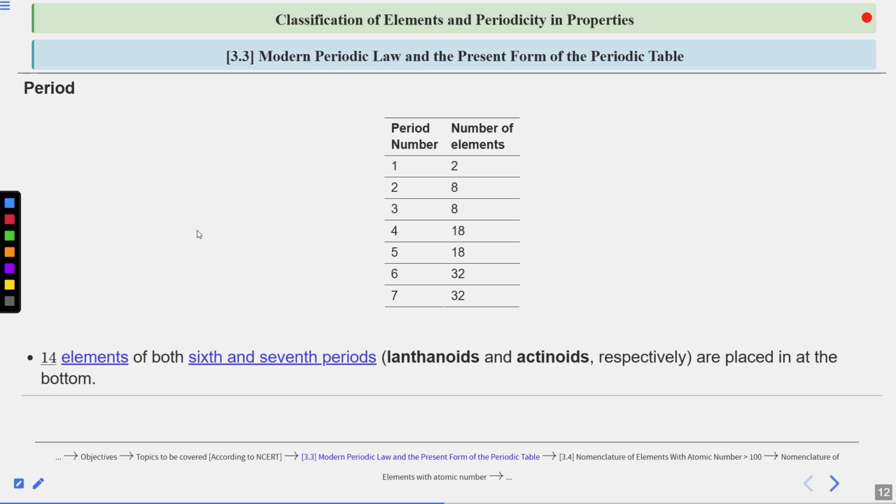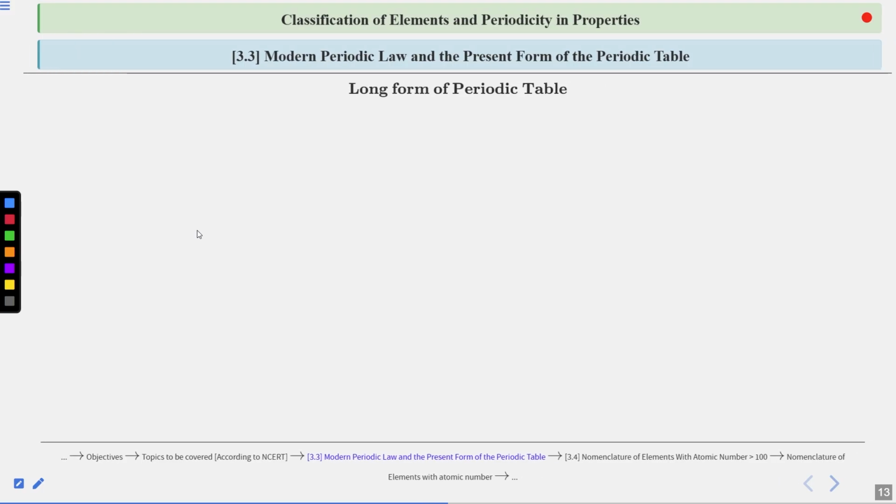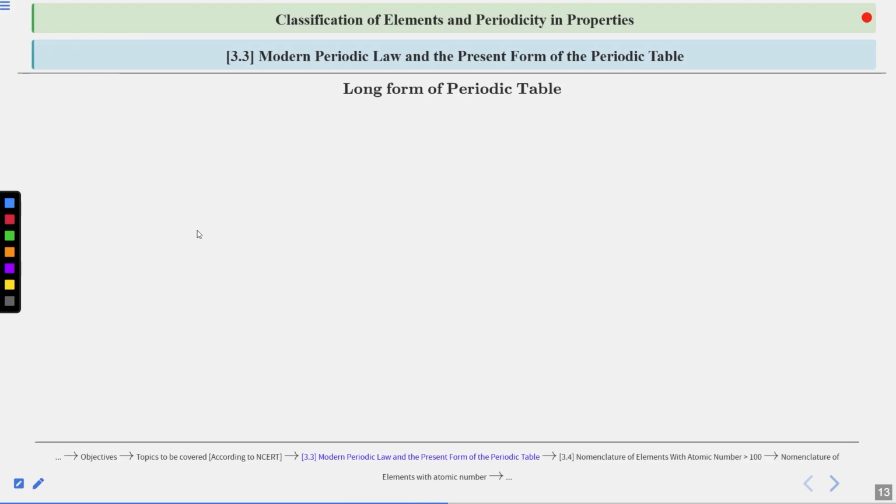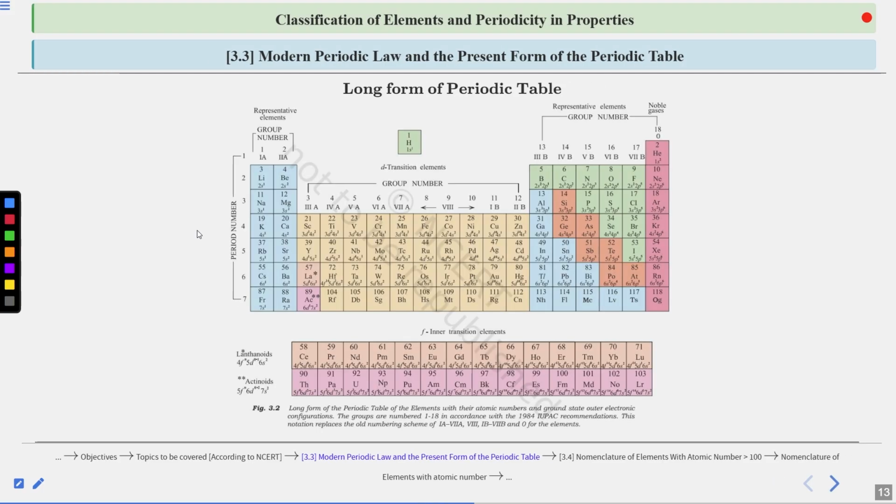If you look at the long form of the periodic table, you can see them written in the bottom panel, above which it is written f, inner transition elements. So they are of the 6th and 7th period. Remember it: lanthanoids are of the 6th period and actinoids are of the 7th period.